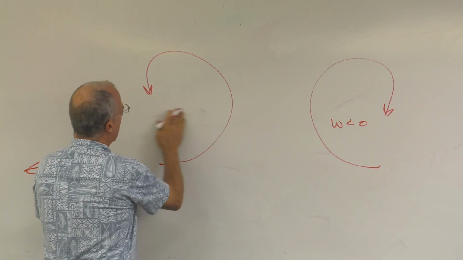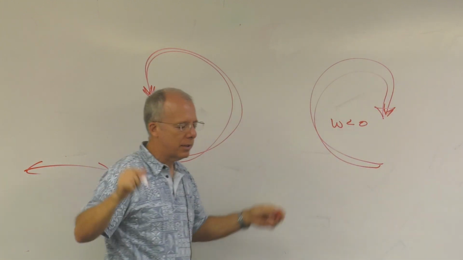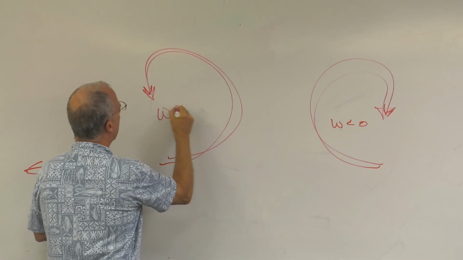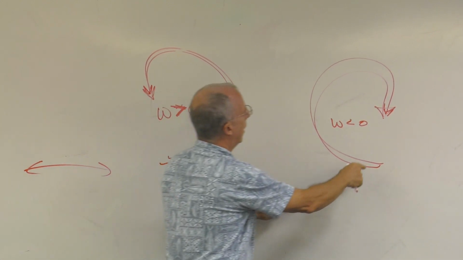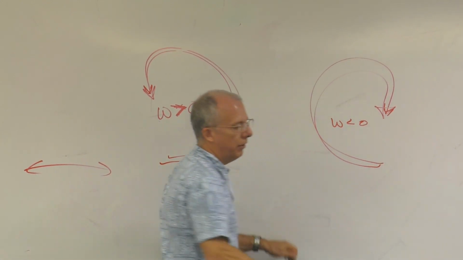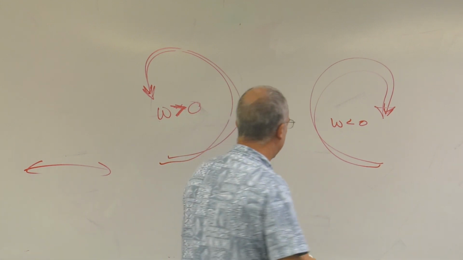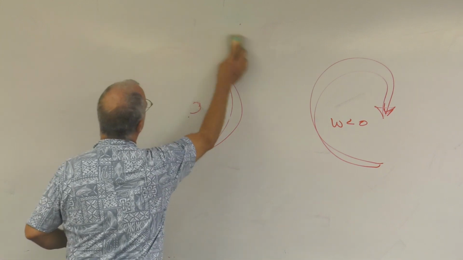Then we talked about counterclockwise being positive and clockwise being negative. Simple as that. It's also true with omega: counterclockwise omega positive, clockwise omega negative. You've got to know that. If you don't know that, you get the signs wrong. So we have to use that with torque. You'll see.